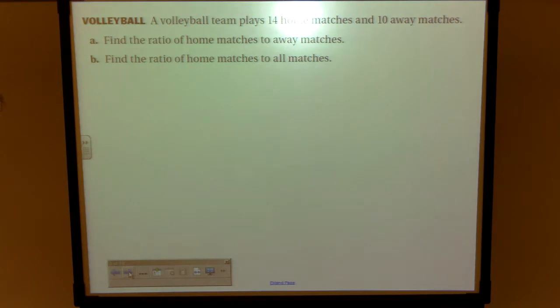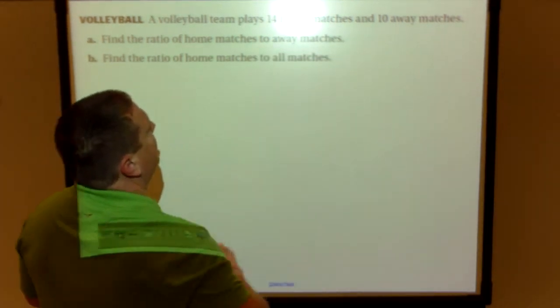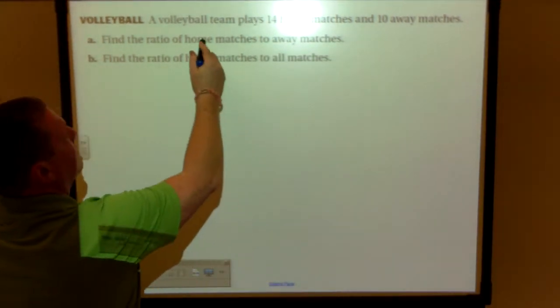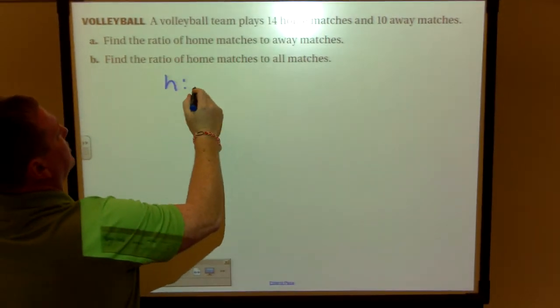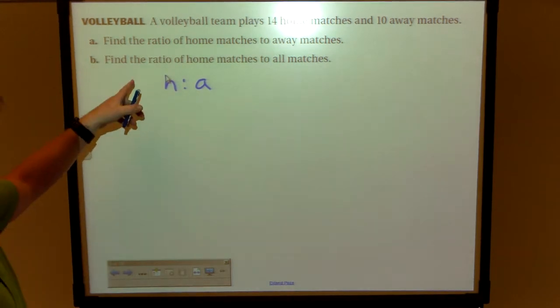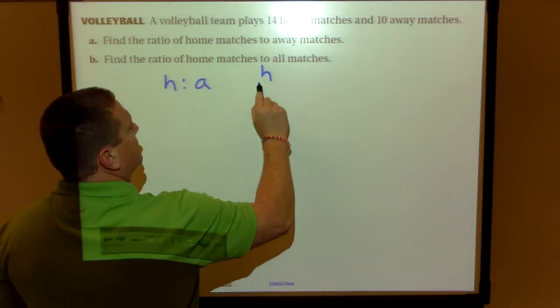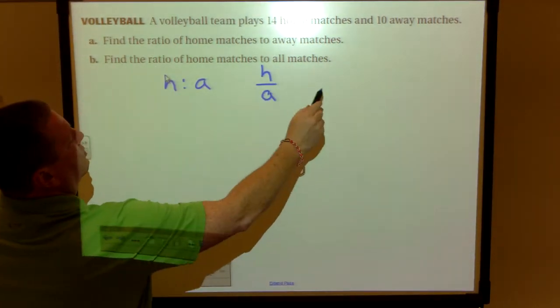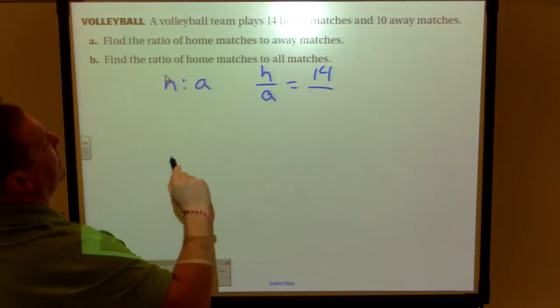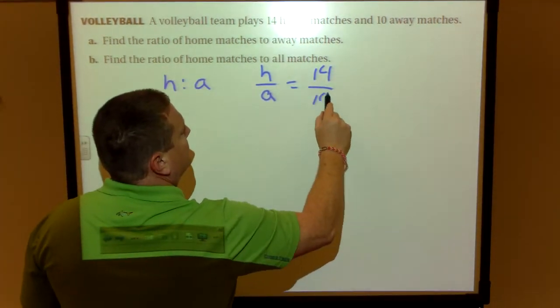Here's an example. A volleyball team plays 14 home matches and 10 away. They want us to find the ratio of home, so home came first, to away games. So the ratio of home to away can be written as H over A, and home is 14, and away games are 10.